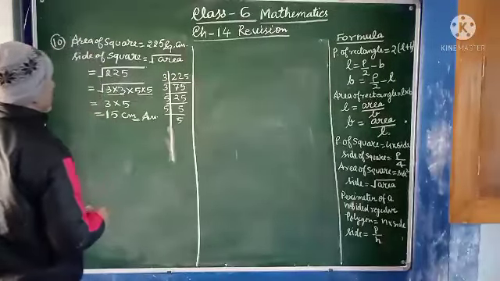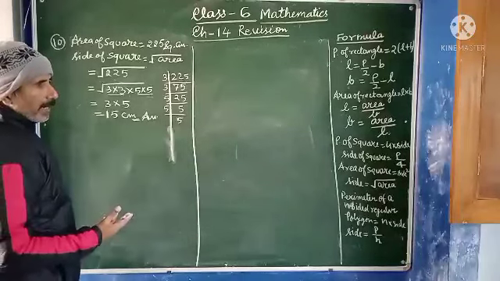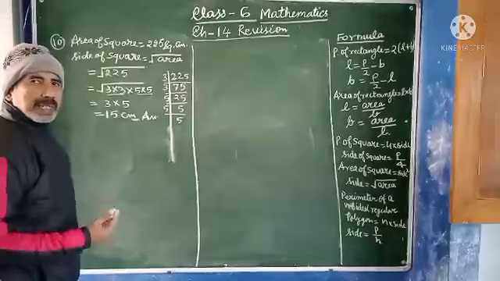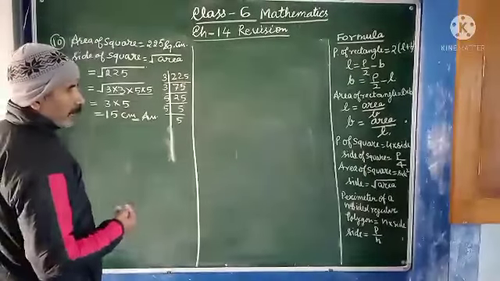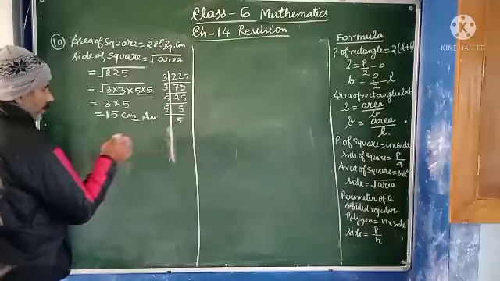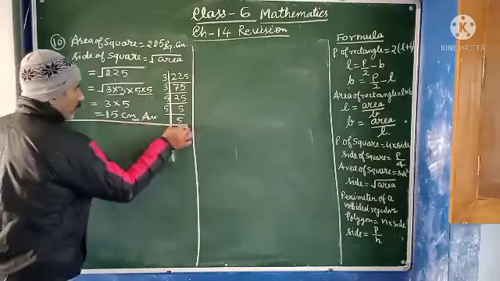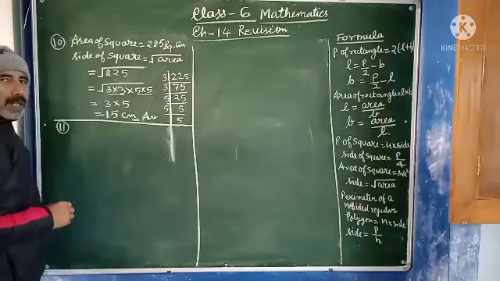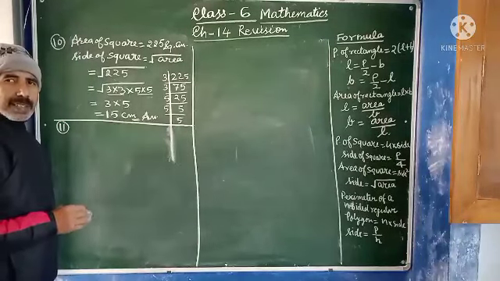So now we understood how to find the area of square and how to find the side of square when the area is given. Now we will discuss the perimeter of any n-sided regular polygon. An n-sided regular polygon means a polygon whose all sides are equal.